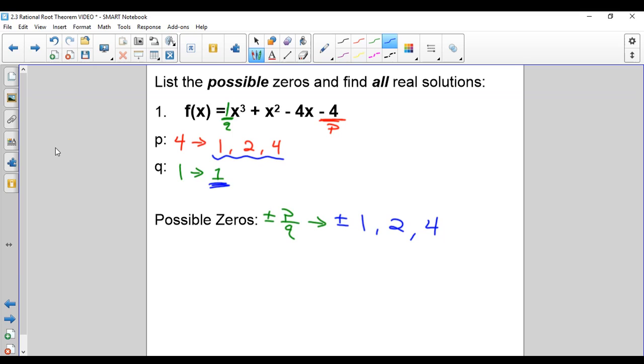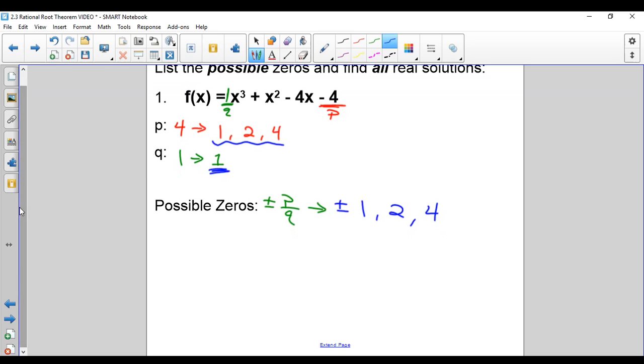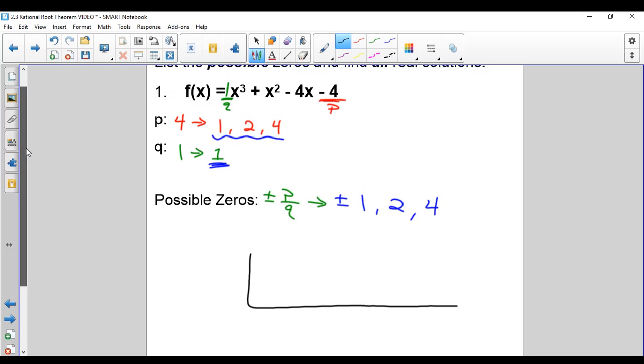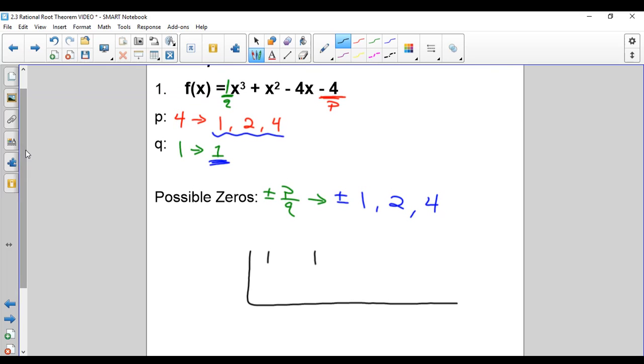We talked last week, if something is a factor or if something is a zero, your remainder is going to be 0 when it comes to synthetic division. So we set up synthetic division. Use the function we were given. So we got 1, 1, negative 4, negative 4.